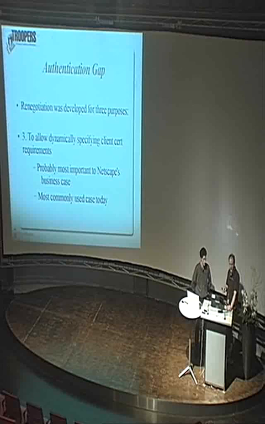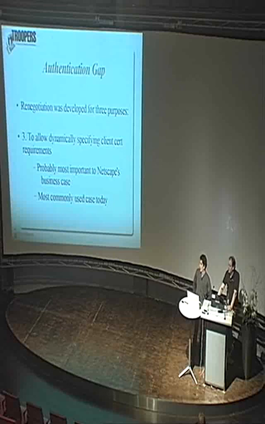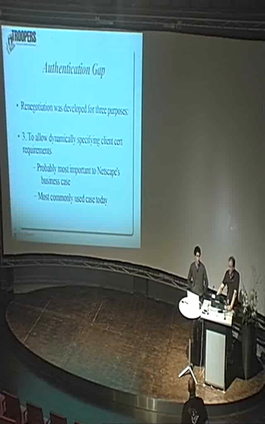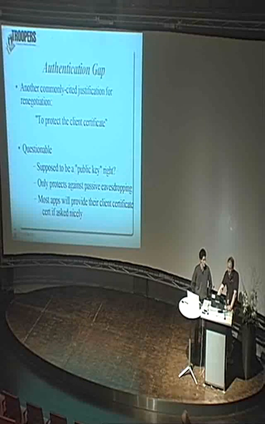I'll ask for a renegotiation, and in that renegotiation, I'll insist on getting the client cert. I think that was Netscape's business case, and that's the most commonly used case today. If you don't do it this way, then you have to ask for a client cert on the initial page presentation, which nobody wants to do. Whenever somebody comes to your home page, it may pop up a dialog box in their browser. That's not going to pass.